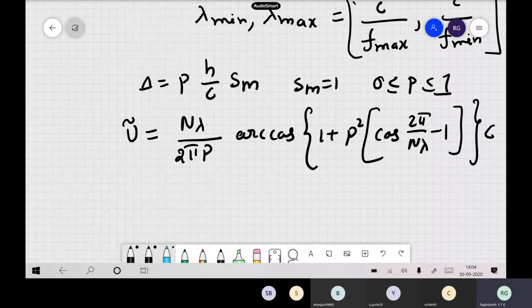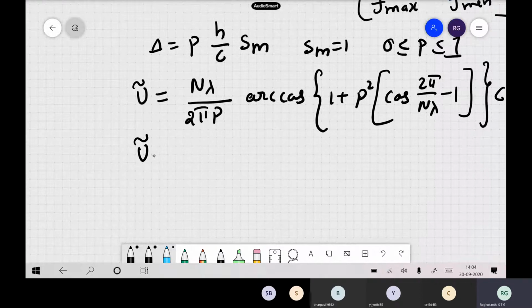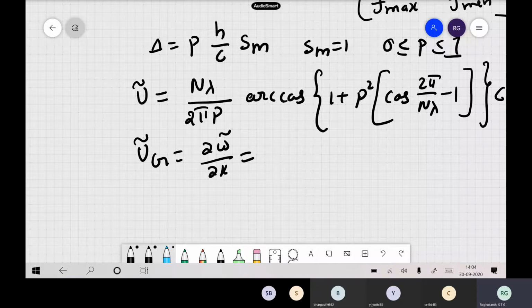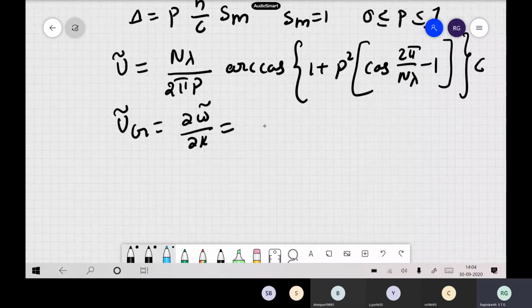Then we have grid dispersion, that is the group velocity also, which we have written and is given by this expression. This is also a function of N lambda and p, multiplied by some c.